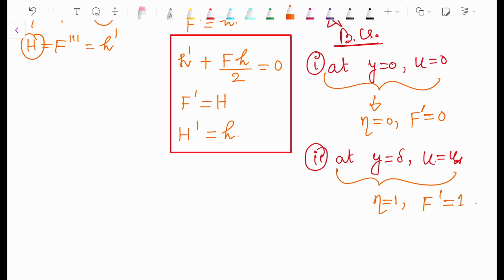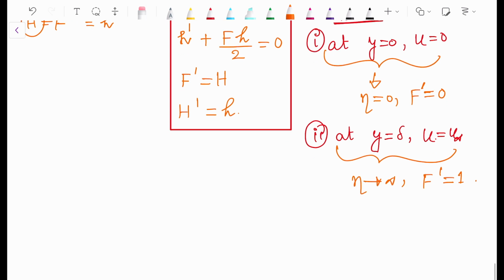Let us not take eta equal to 1, because we don't know exactly whether delta is equal to root over nu by u infinity x or not. Delta scales with this, as we have shown earlier, but we don't know that. Rather, the actual boundary layer theory says that eta tends to infinity. These are the subtle mistakes that you can also make.